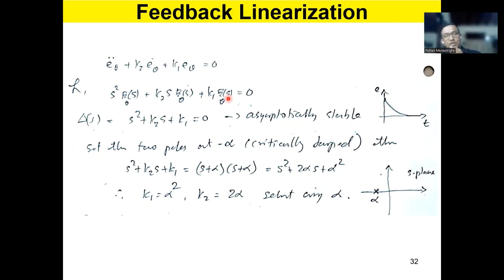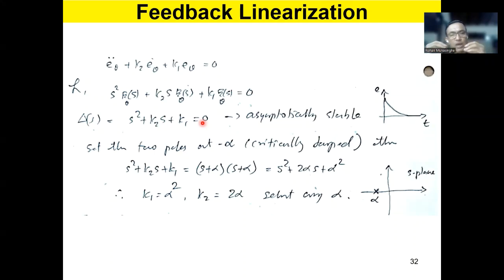Then from that equation, you can pick up the characteristic equation without the E terms. What you remain with is s squared plus K2 s plus K1 is equal to 0. This is the characteristic equation of the plant, and it is asymptotically stable.